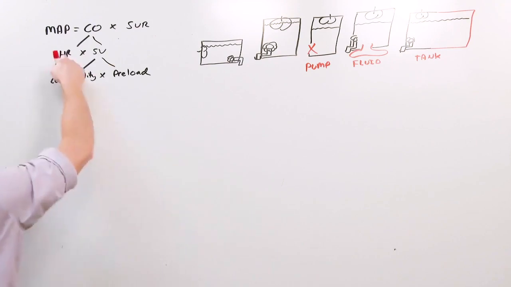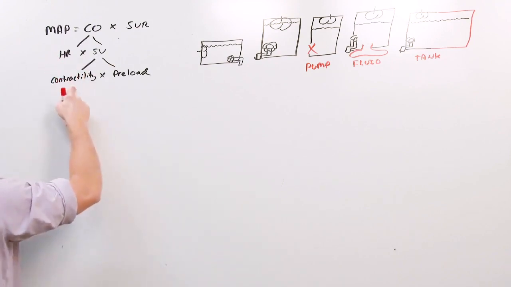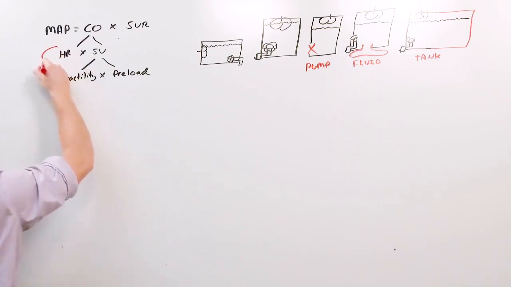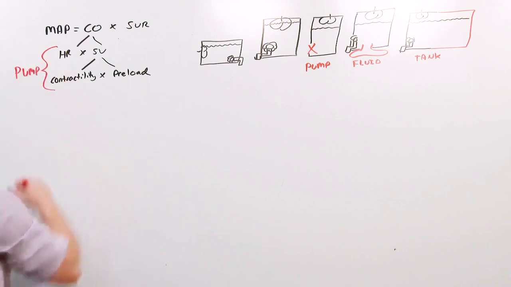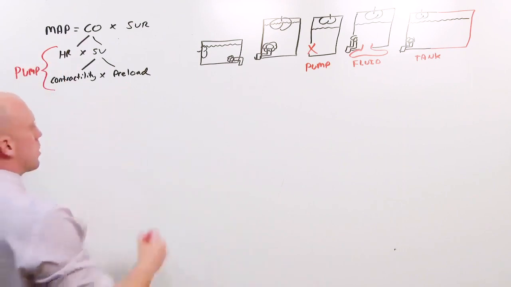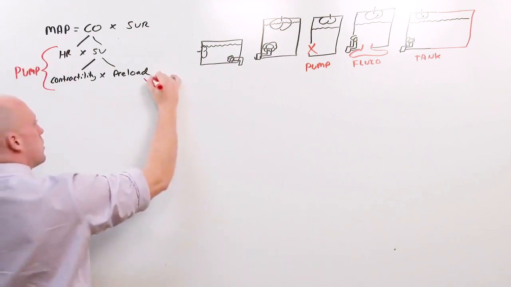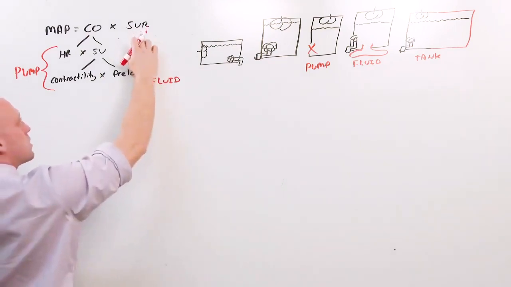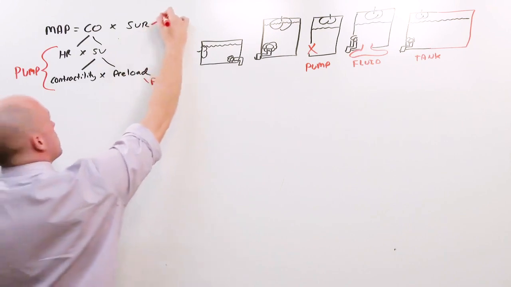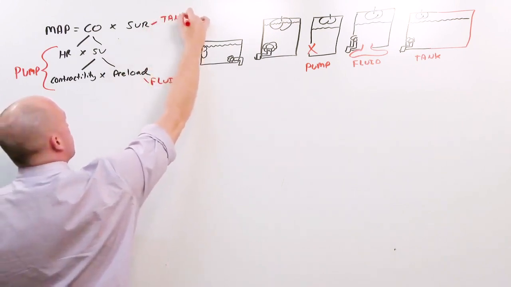If there's a problem with the heart rate, either too fast or too slow, or a contractility, there's not enough squeeze, you're talking about problems with the heart, that is, the pump. Issues with preload are going to be problems with fluid. And problems with systemic vascular resistance, too much vasodilation, is going to be the tank.